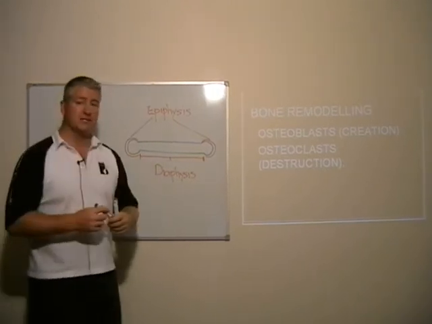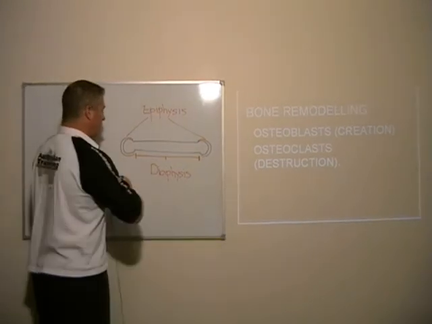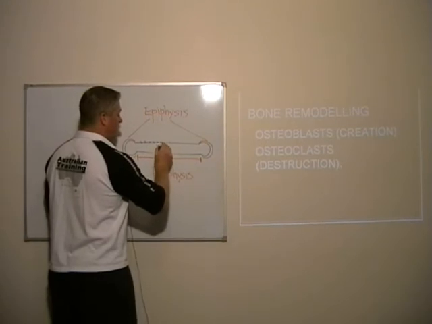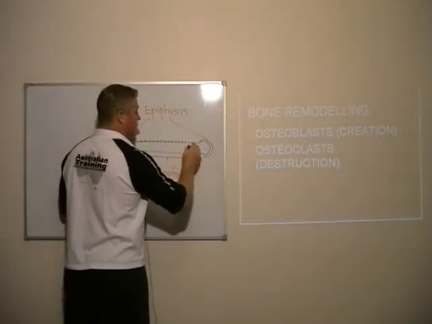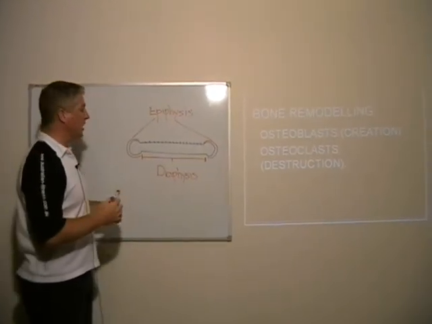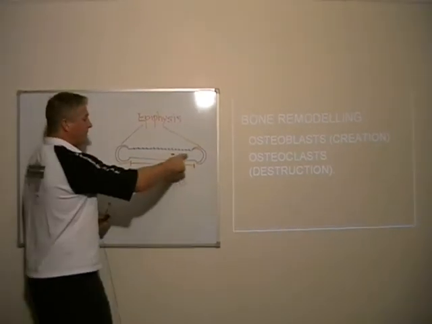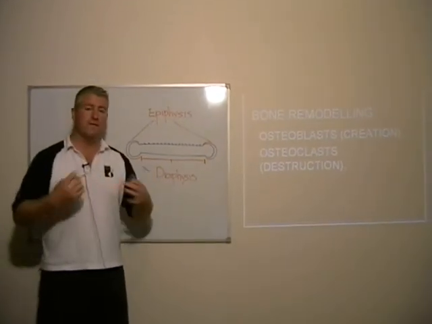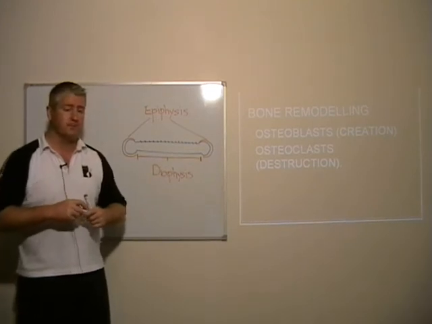When we go for an exercise session, let's say we go for a walk or a jog, what basically happens is our bone has little micro fractures or little breaks along the membrane or outside of the bone, like so. Immediately after the exercise session, osteoclasts, which are bone destruction cells, will migrate to this area and basically chew away and destroy all the fragile, thin, brittle bone that's been caused by these micro fractures.